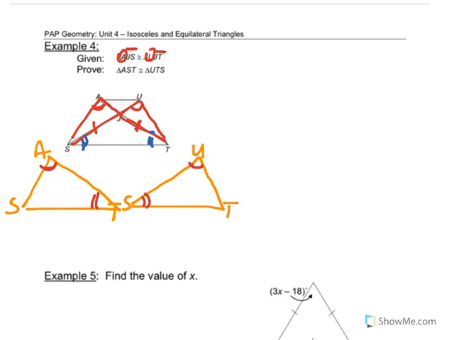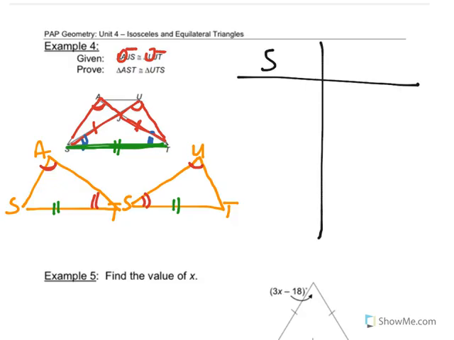And then what else do we know? Well, when we look at this picture up at the top, we can see that this side right here is a side on both the triangles, so we can call that congruent by the reflexive property. So we're going to end up with what? We're going to have an angle, angle, side, angle, angle, side. So that's our plan for doing this proof, so let's go ahead and write it out.